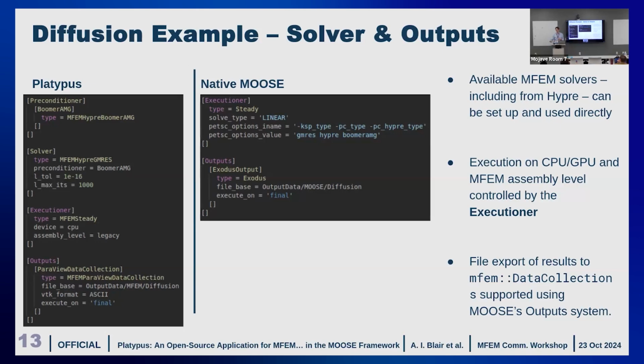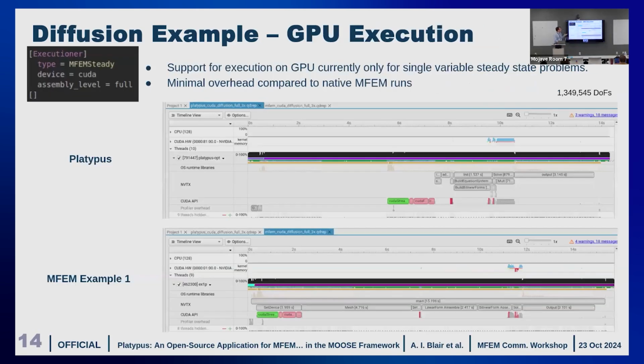Very similar, the output is just some data collection, but the ability to execute at the end of time steps or the end of the whole simulation, or some interval thereof, every 70 time steps if you so wish, is all handled by the existing Moose output system, which gives you a bit of flexibility inherited from Moose. And so crucially, we can do things already in native Moose.